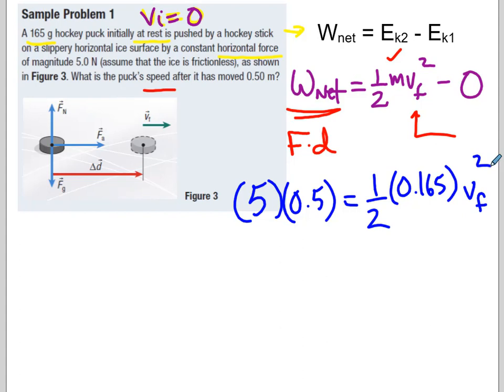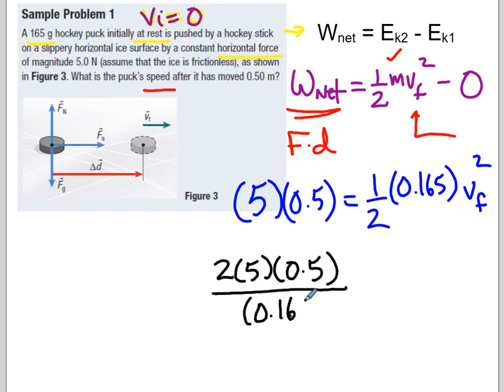I'm going to do this like this. 2 times 5 times 0.5. So I've brought the 2 across by multiplying both sides by 2. I'm going to divide both sides by 0.165. And then lastly, to get the V final, I'm going to square root both sides. So that should leave me with VF.